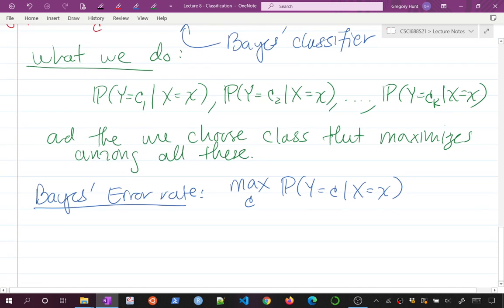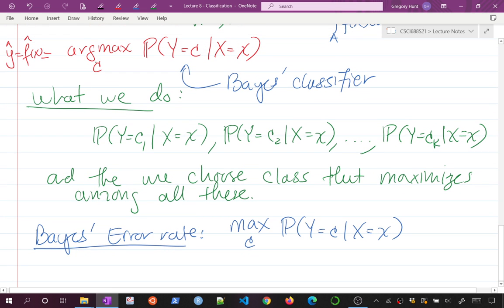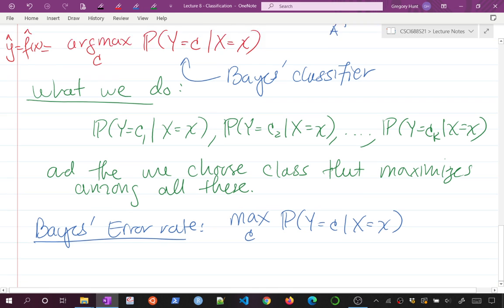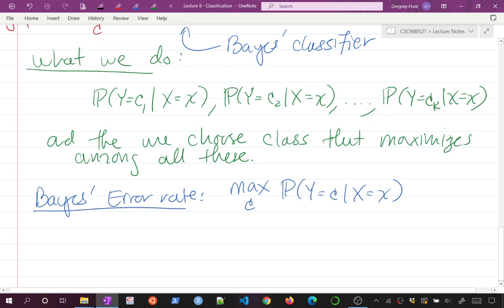The idea with the Bayes error rate is that if the optimal class to predict is C, which is the argmax, the max tells me the probability that I am correct. Given my x, I'm not always going to predict correctly, and some of that is just irreducible. If you really believe the probability models, there is some random error in there that is going to stop me from ever perfectly predicting these things.